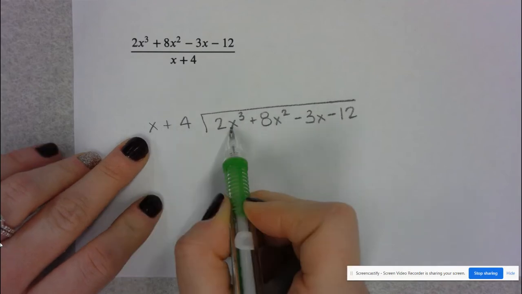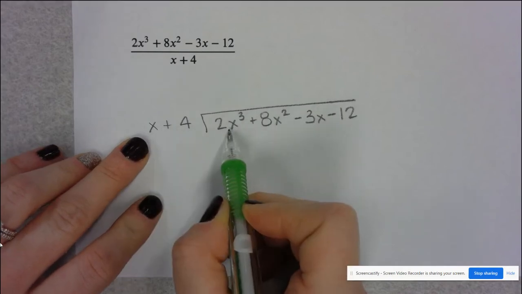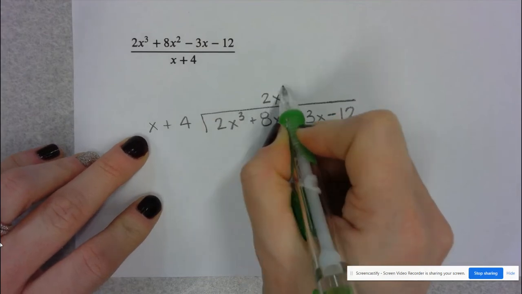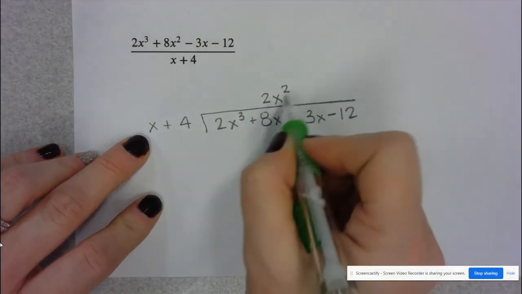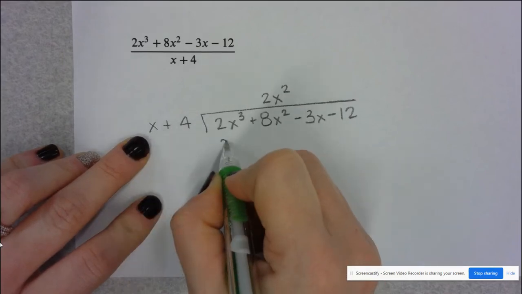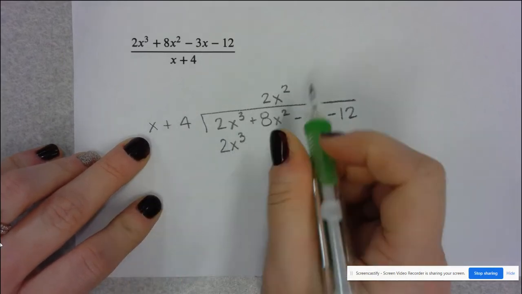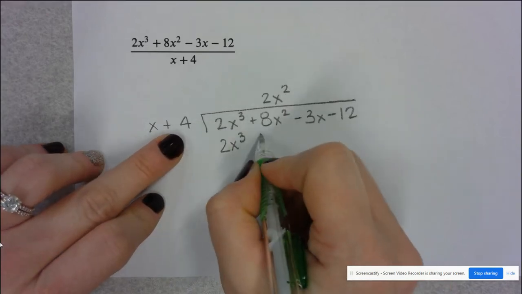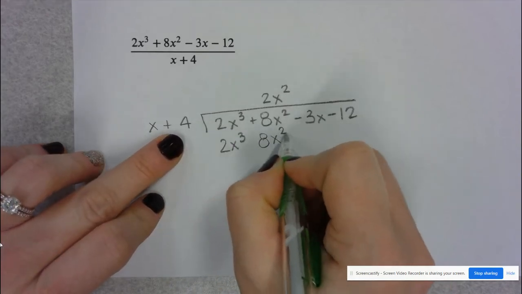So x times what is going to get me 2x cubed? Well, I need a 2, and I need an x squared. Multiplying through, 2x squared times x gives me 2x cubed. 2x squared times 4 gives me 8x squared.